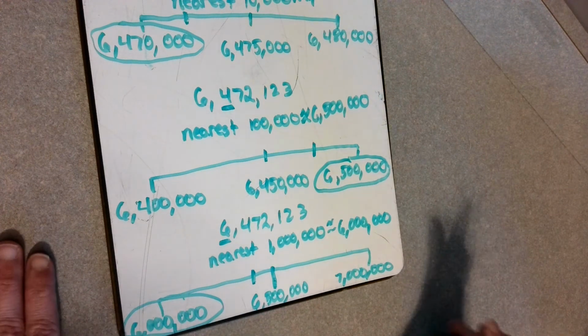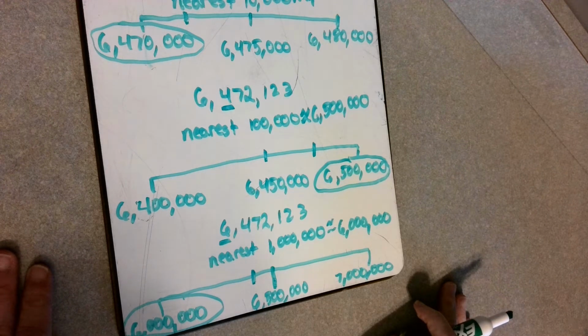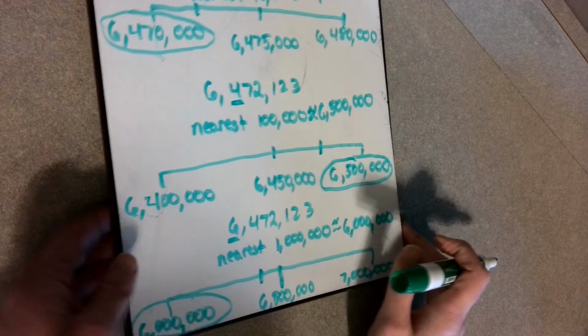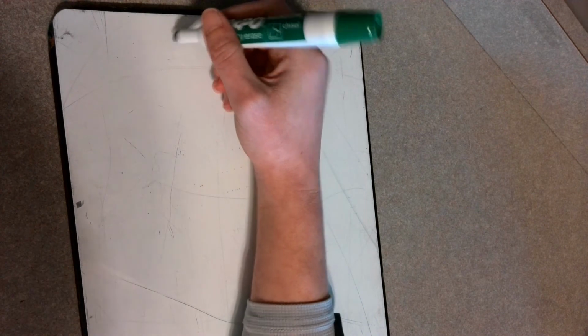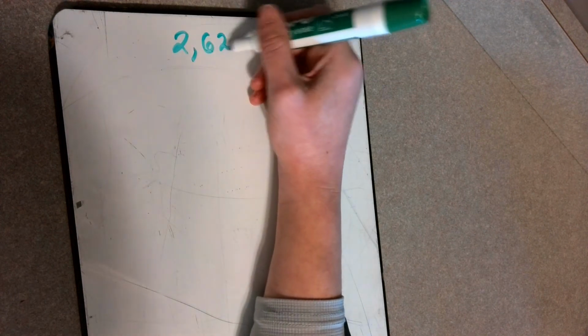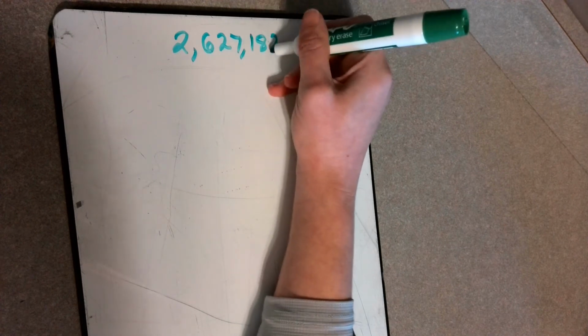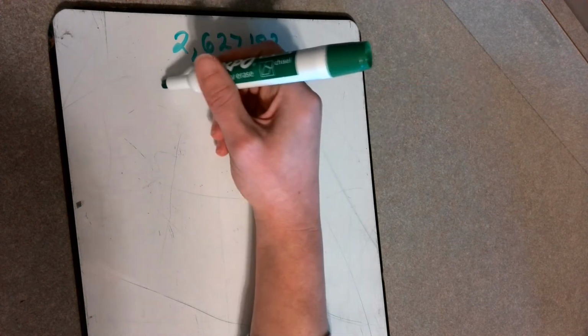All right, guys. So go ahead and pause right here if you need to catch up on any of those notes. And then we're going to move on to give you some time to try this on your own. Okay, friends. So at the top of your next clean sheet of paper, if you have one, or if you've got more room, we've got 2,627,182. Go ahead and round that to the nearest 10,000.